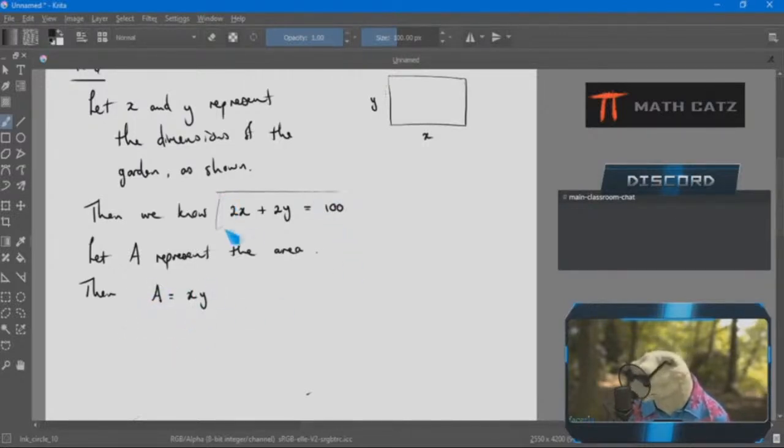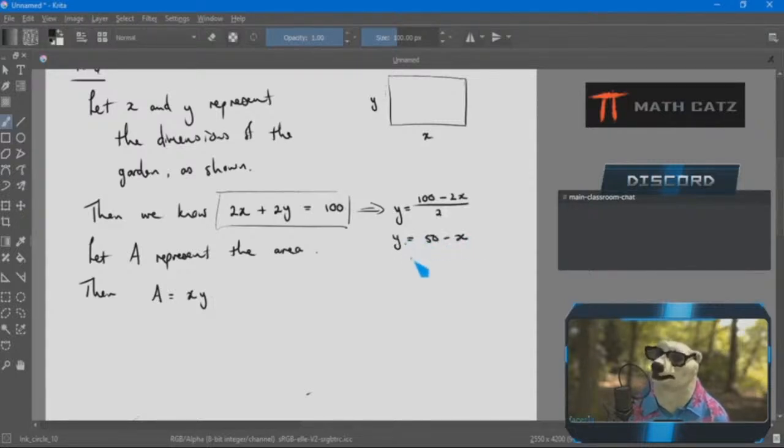And that is where this extra piece of information comes in. That I can solve one of the variables with this equation. And in this case, it's going to be 100 minus 2x over 2, or 50 minus x. And then put that in my function to eliminate one of the variables.